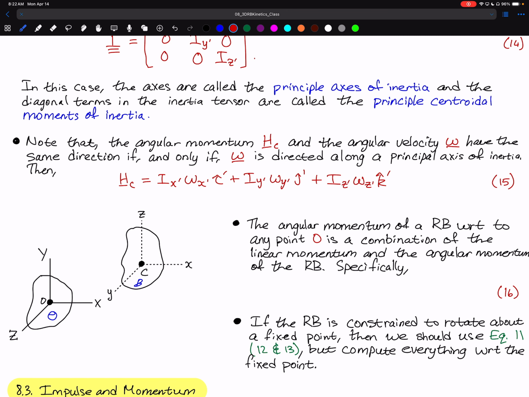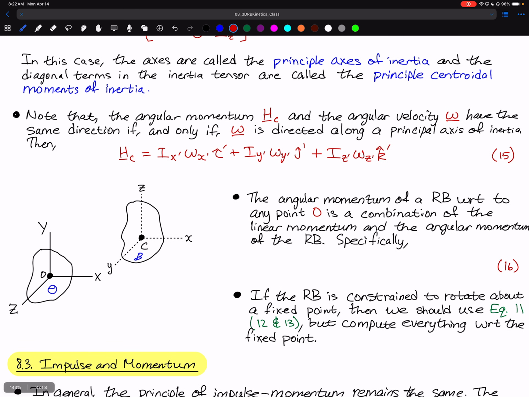We have our reference frame O with a fixed point O. The position of our center of mass is going to be R sub C. We're going to have some linear momentum L, which will be equal to the mass times the velocity of the center of mass. Then we'll also have some angular momentum, which we'll write just as h sub c.